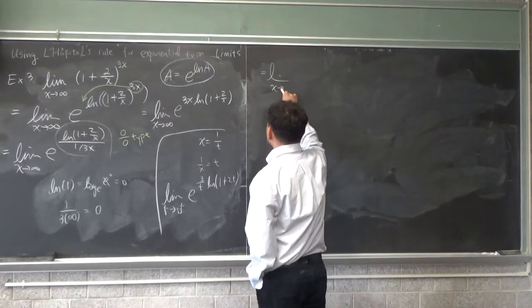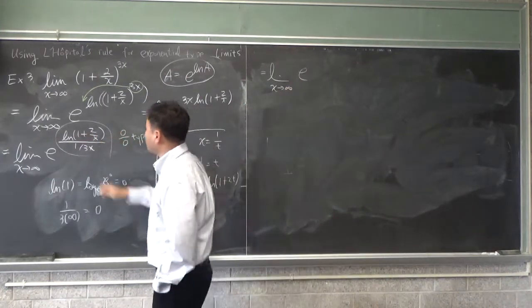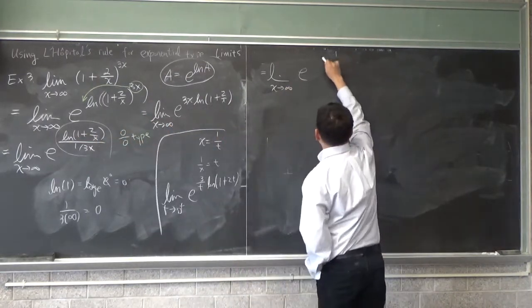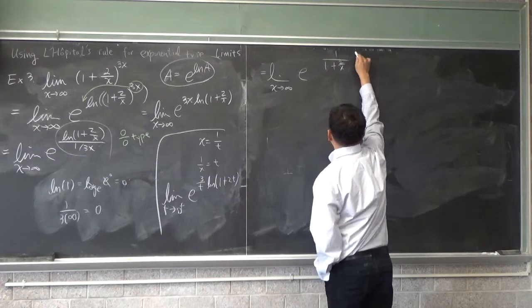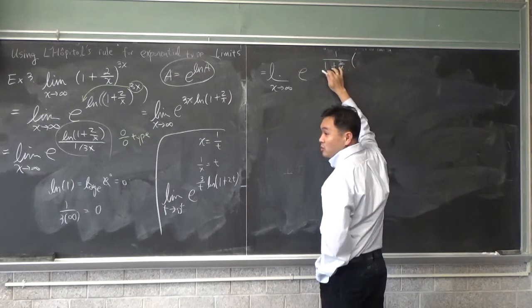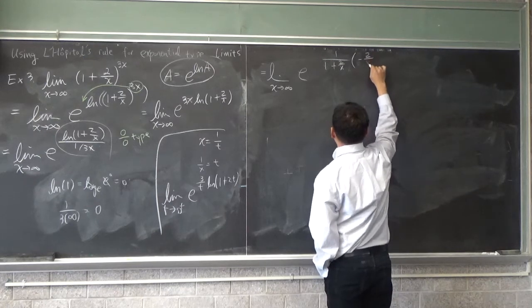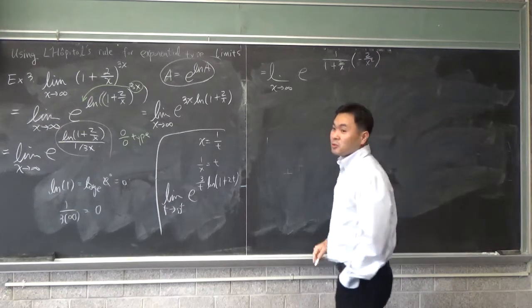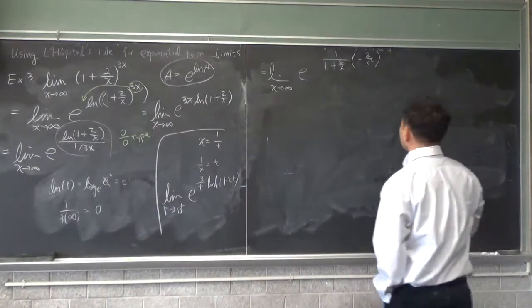Limit as x goes to infinity of, you differentiate the top, 1 over 1 plus 2 over x, and then the chain rule says you have to differentiate this and put it here. The derivative of 1 is 0, but the derivative of 2 over x is negative 2 over x squared. Whether you use the power rule or the quotient rule, you get that.